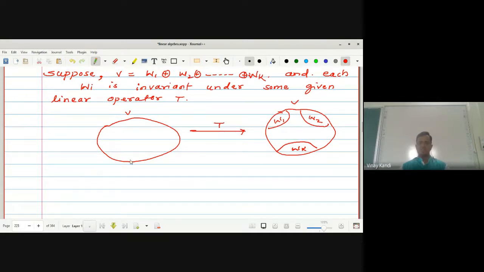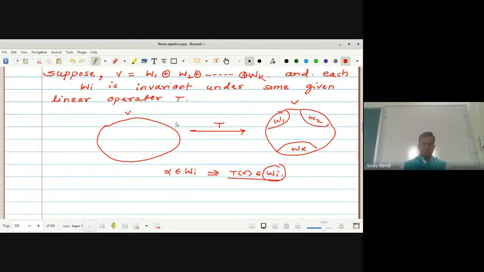So what is the meaning of invariant? For alpha belonging to Wi, if T of alpha belongs to Wi, then Wi is invariant under T. And V is the direct sum of all the subspaces. Then this is the invariant direct sum.